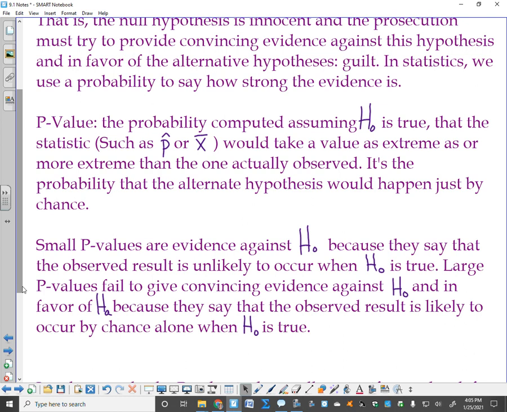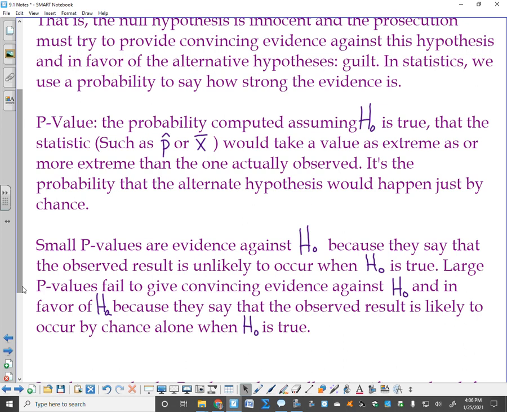Okay, so the p-value is the probability that, assuming you're innocent, the crime still happened just by chance. Okay, here's your scenario.